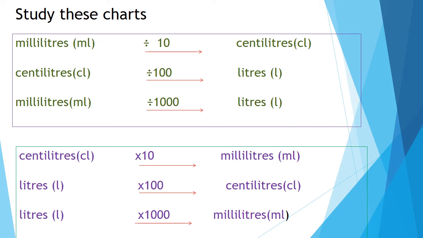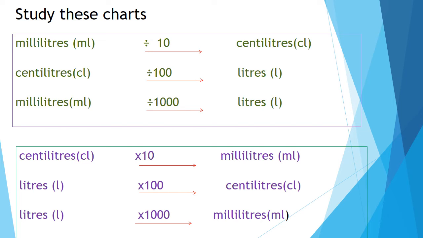When we convert liters into centiliters, we multiply by 100, because there are 100 centiliters in 1 liter.